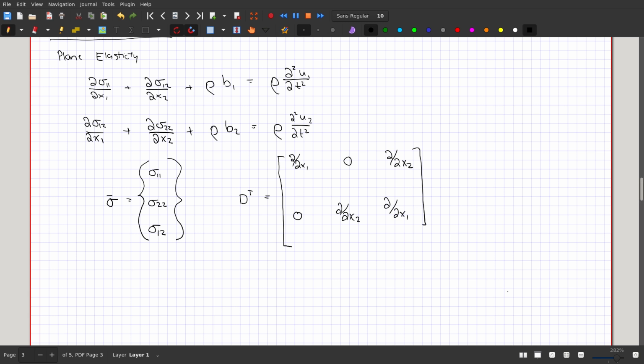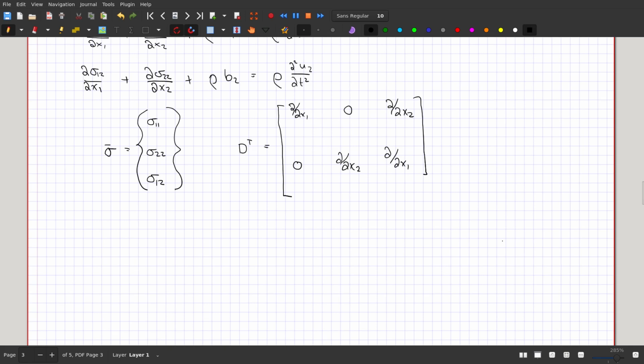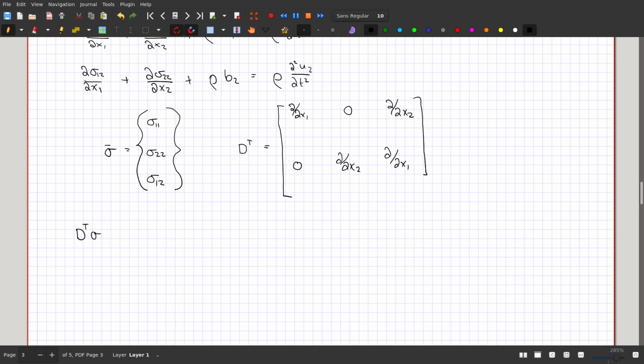So then with those 2 things, we can write the equations above more compactly in matrix form. So we have D transpose that operates on the stress vector, right? So you should be able to see that the stress vector multiplied by this operator then gives you those terms, right?